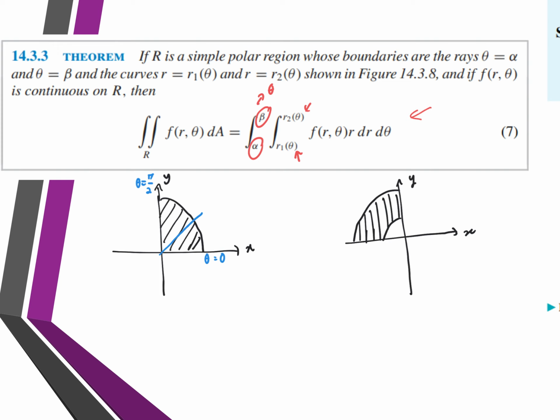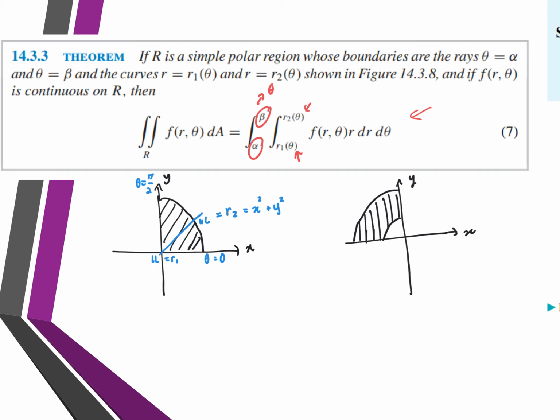So here is our upper limit. This one is our lower limit. So our upper limit is equal to R2 and the lower limit is R1. So our R2 will be x square plus y square.